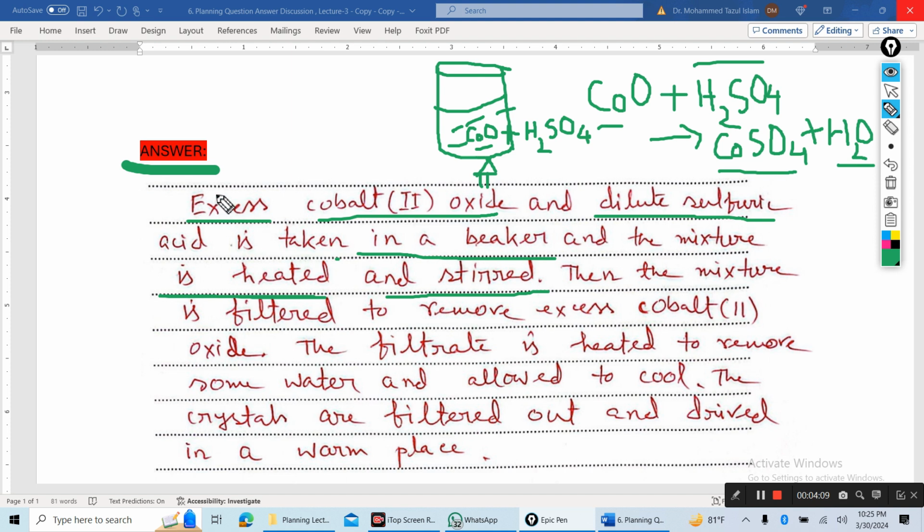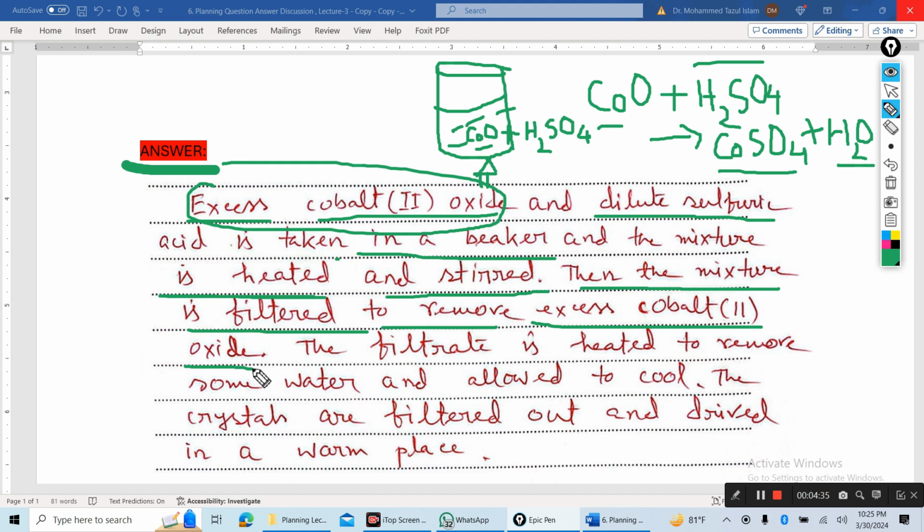As you added excess cobalt 2 oxide, some cobalt 2 oxide remains undissolved. So the mixture is filtered to remove excess cobalt 2 oxide.